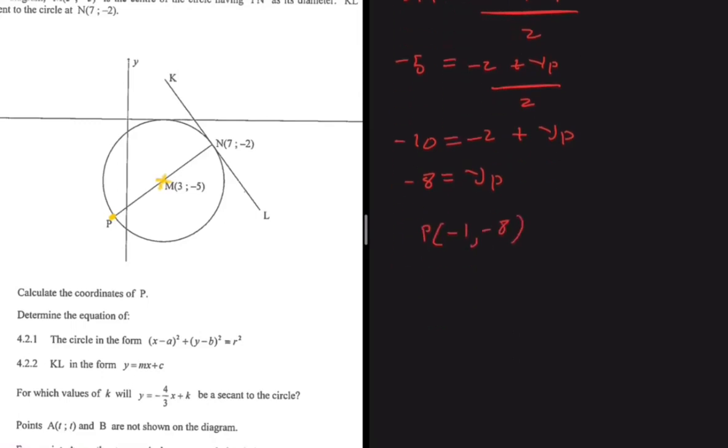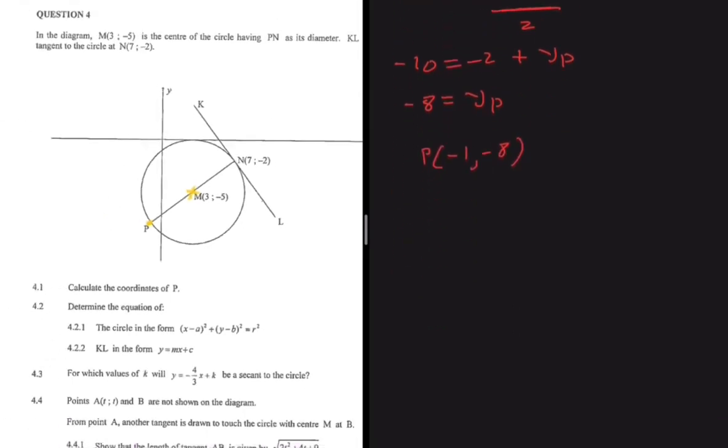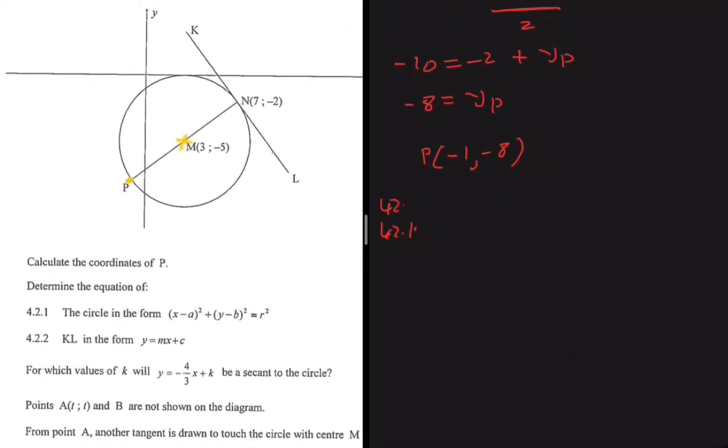Let's do 4.2.1. So 4.2.1 is saying let's determine the equation of the circle in the form (x minus a) squared plus (y minus b) squared is equal to r squared.